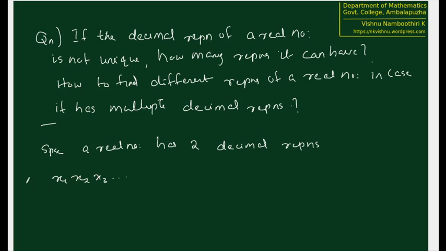The other representation is y1, y2, y3, etc. Definitely there is a decimal point appearing somewhere.